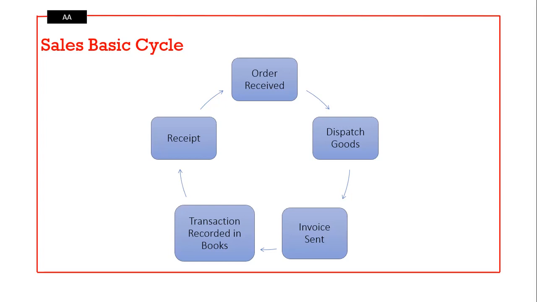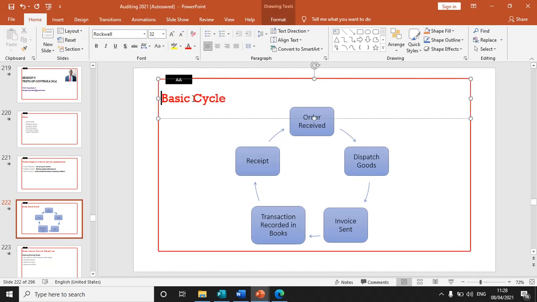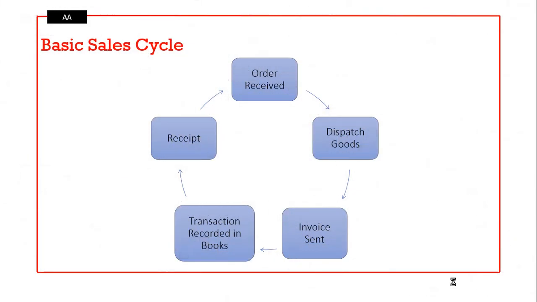A basic sales cycle. I just wanted us to observe something. When you're going to make a sale, there has to be a demand that a customer be supplied. We call that a purchase order.